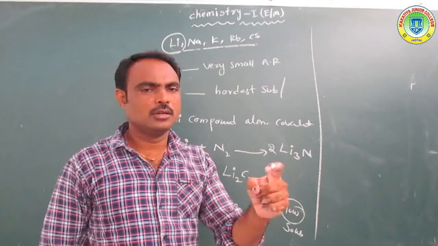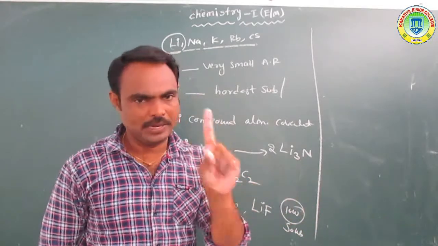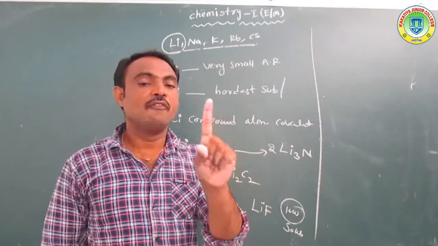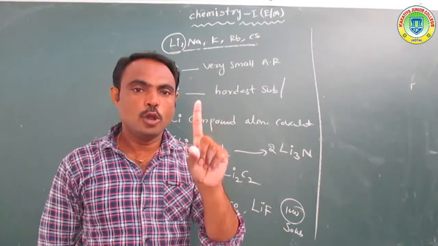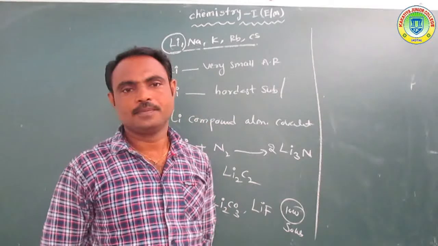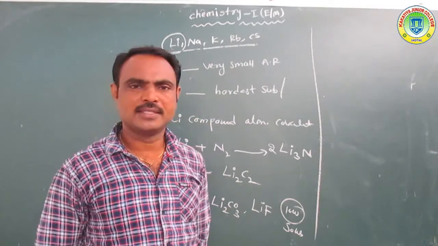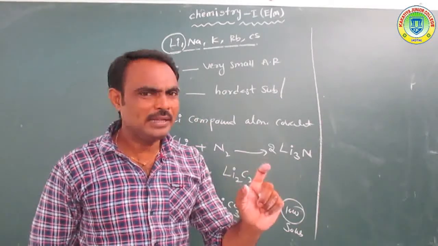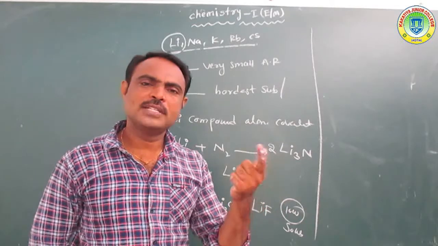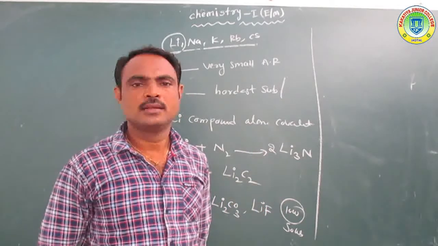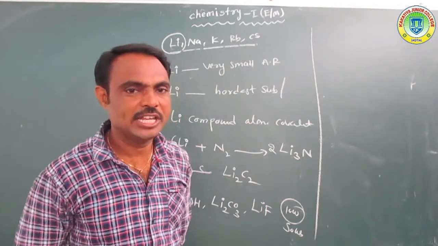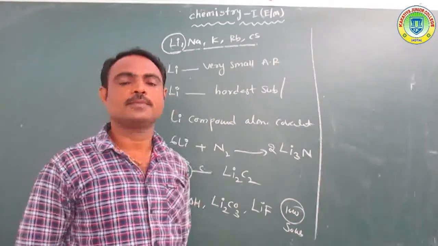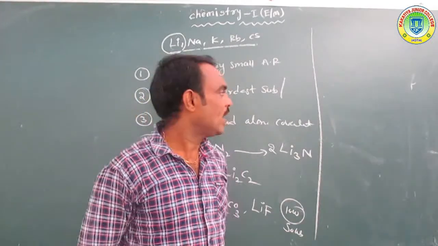The first element of each group has a very low atomic size commonly, so the compounds it forms have covalent nature.